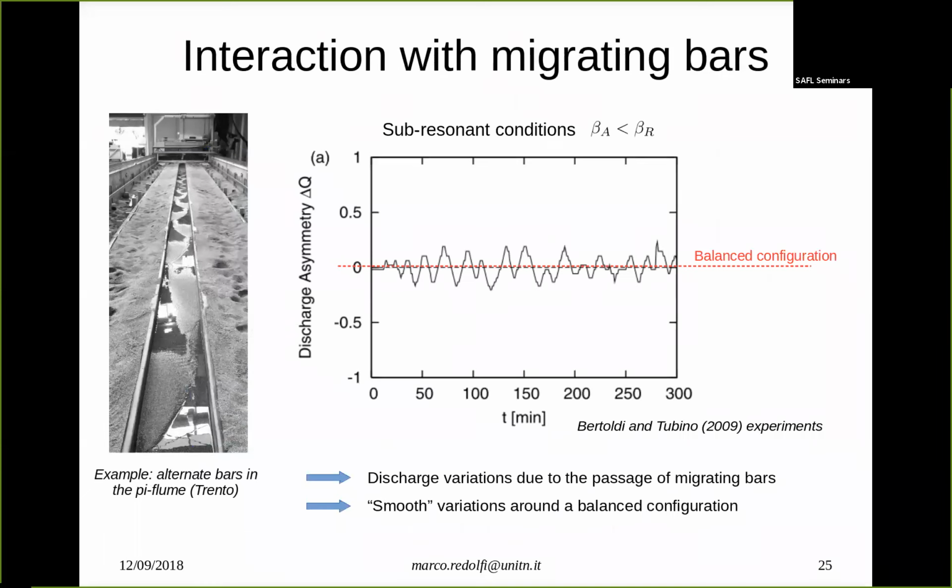In the sub-resonant condition, which was the first plot of their paper, they have these oscillations around the balanced conditions. So we can interpret this oscillation as an effect of the migrating bars. Migrating bars move downstream, they arrive at the entrance of the bifurcation, and they cause a periodic, let's say, not fairly regular variation of the discharge.